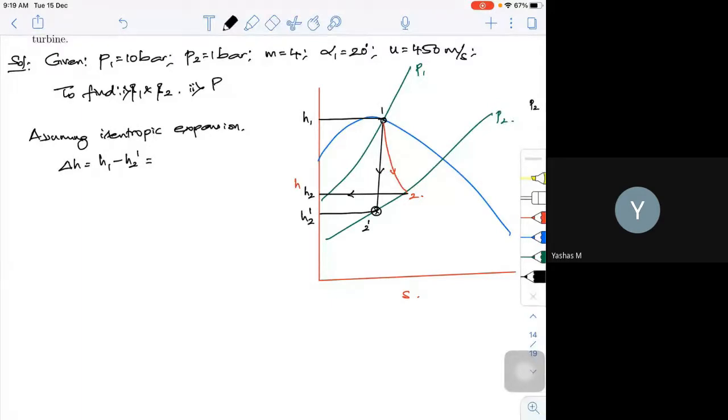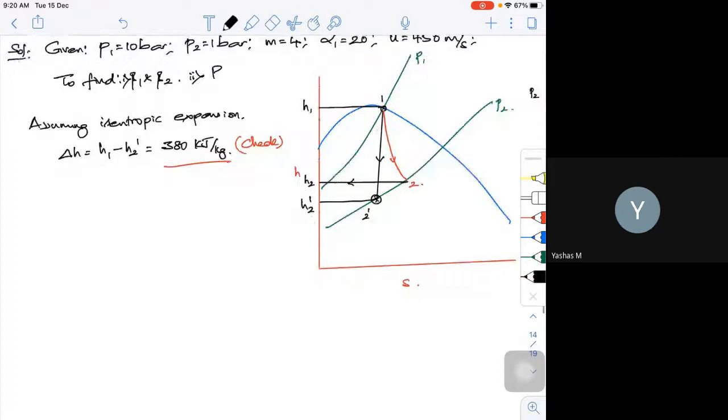You can use either the Mollier chart or the steam tables. This should be in and around 380 kilojoules per kg. Please check this value from your steam tables or your Mollier chart. I'm giving this as homework for you.